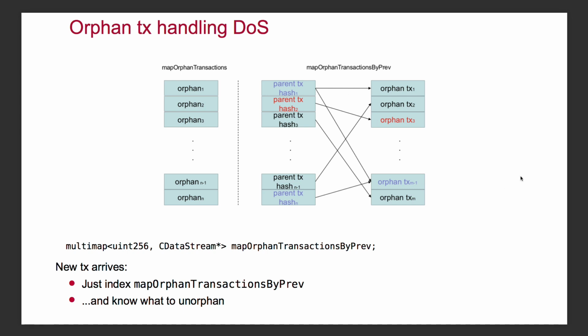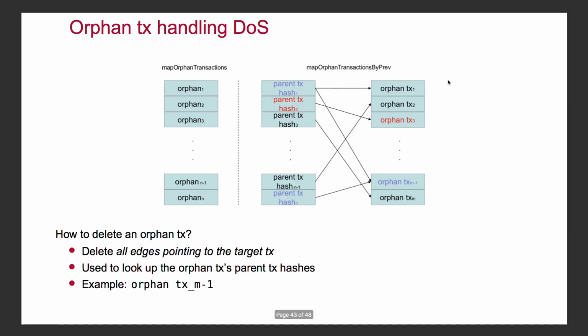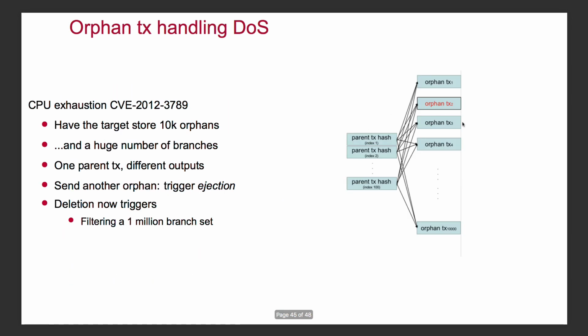You send a lot of transactions, which creates a weirdly formatted map that looks like this. Then when the node needs to delete a transaction, which is also remotely triggerable, the node needs to go over 1 million edges to properly delete that transaction, and that yields a DoS.